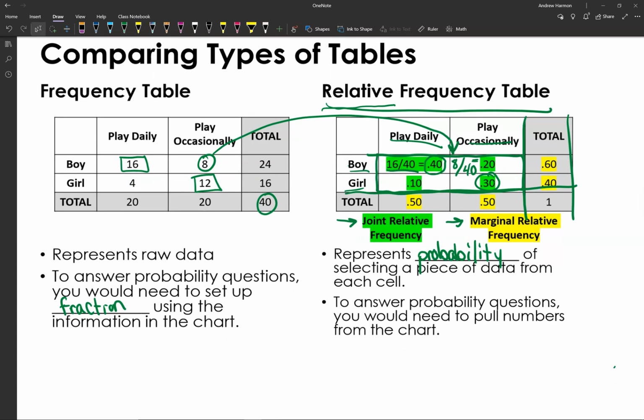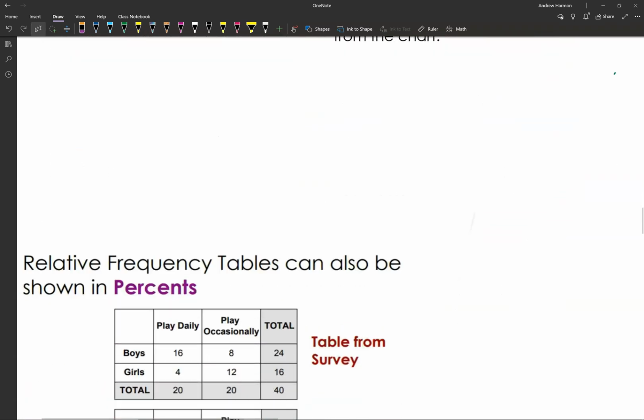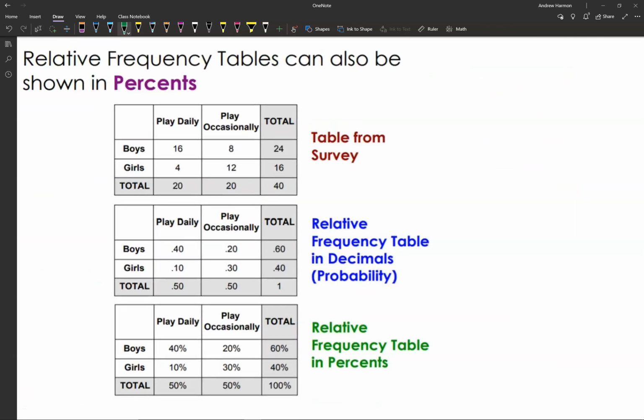But let's take a look at this a little closer, because you can actually get percentages from these tables too. If we were given this original chart, that's the original frequency table, where it shows where they overlap and what our totals are for each category. If we divide each of those numbers in the frequency table by the total 40, we end up with our relative frequency table, in decimals.